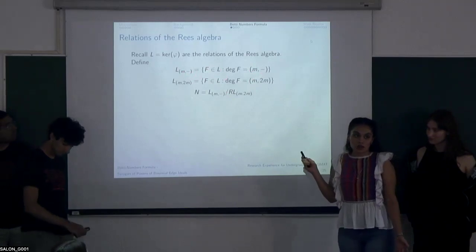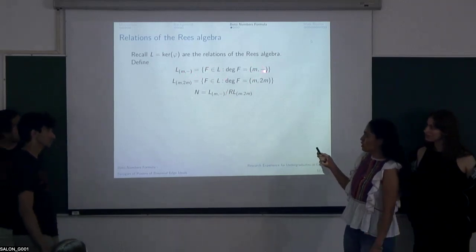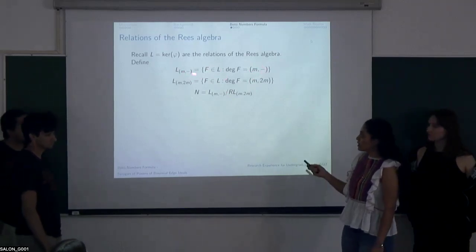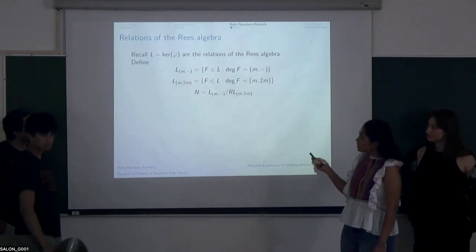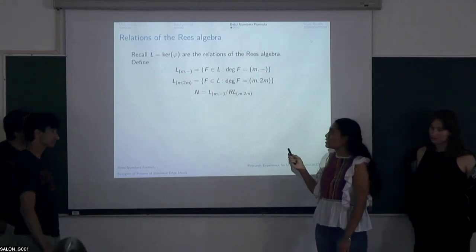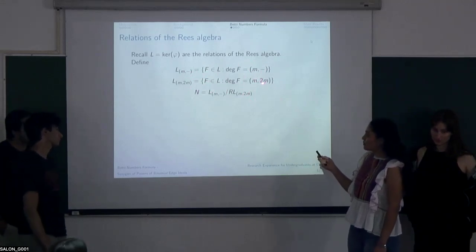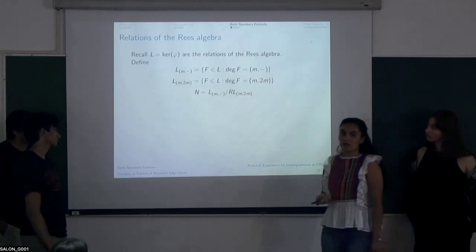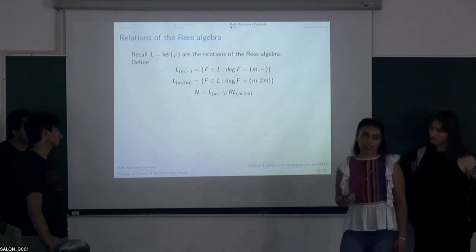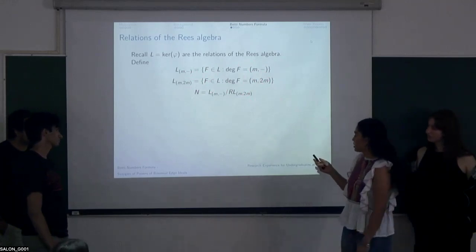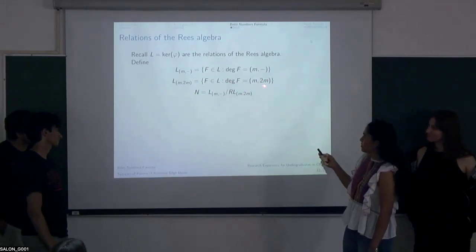We don't care about the second entry of the degree. And the second set is the relations of the Rees algebra that have degree m and 2m. Why do we have 2 here? Well, because the generators of the binomial edge ideal have degree 2. So that's why we are taking the 2 here.